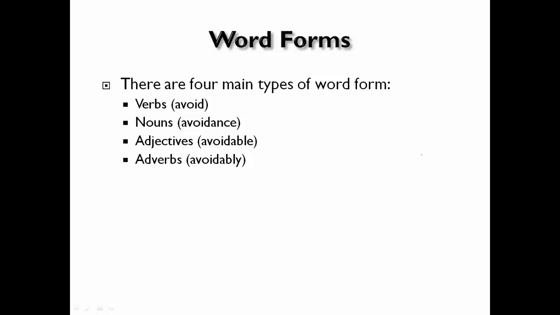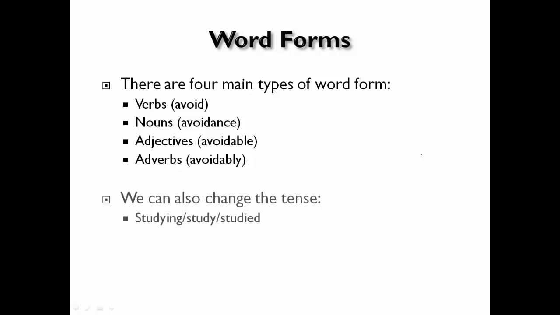So we can change these around because they basically mean the same thing, and that helps us paraphrase the question. We can also change the tense, so we could change studying, which is a continuous tense, to study, which is just the base form of the word, or studied, which is the past simple.